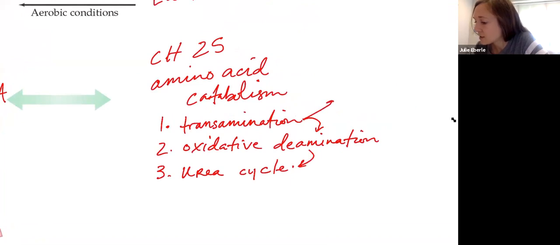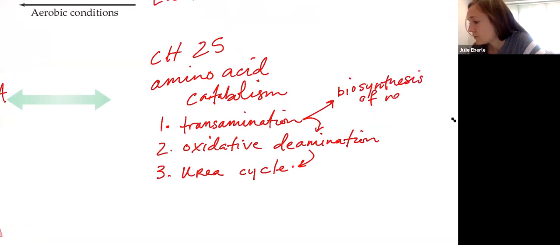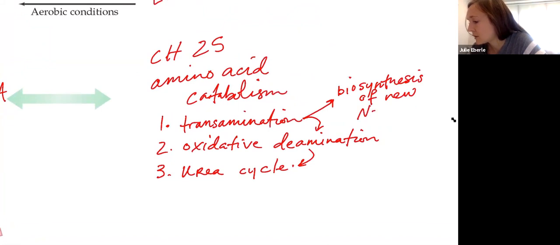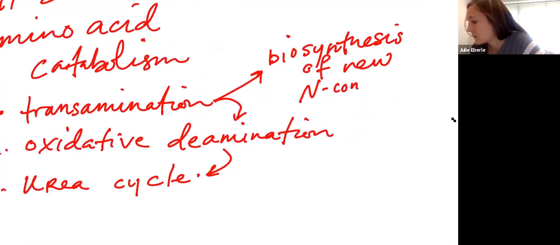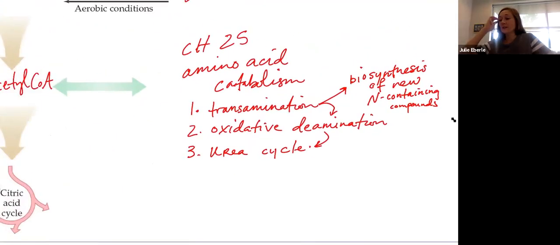But after transamination, they could go to the biosynthesis of new nitrogen-containing compounds. But once you do the oxidative deamination step, they do go through the urea cycle, and then they're excreted from the body.